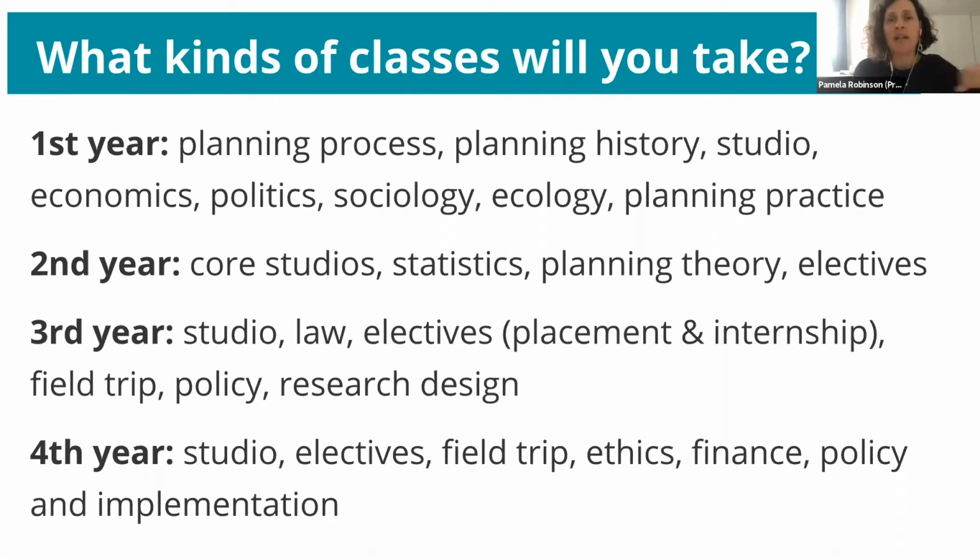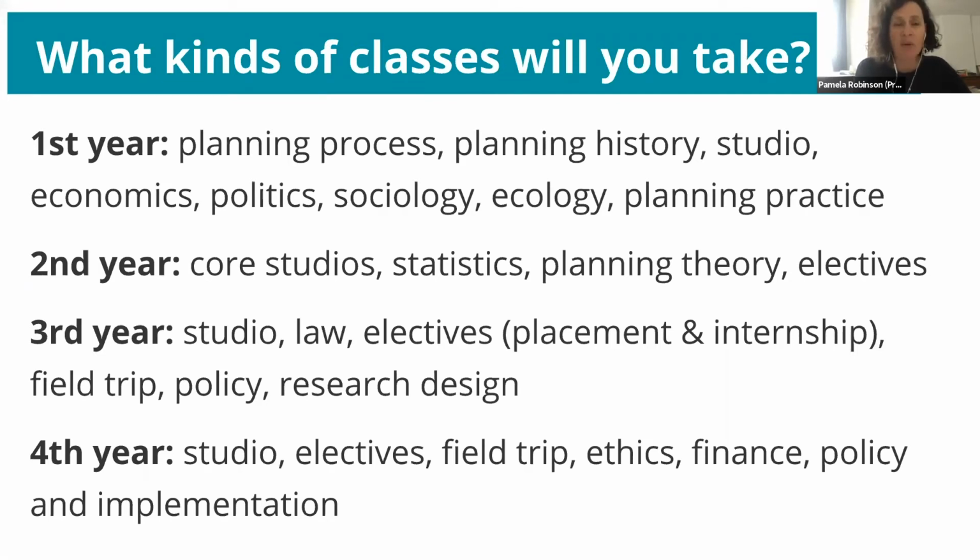How does it work? How do planners work with the public? You'll also take a class that looks at the evolution of cities in terms of the history of planning. You'll take economics and politics and sociology outside of our program in those departments. You'll take an ecology course for planning. You'll take a course on planning practice. And most importantly, in the winter term of first year, you start one of 6 planning studios. And I'll talk a little bit about studios in just a minute.